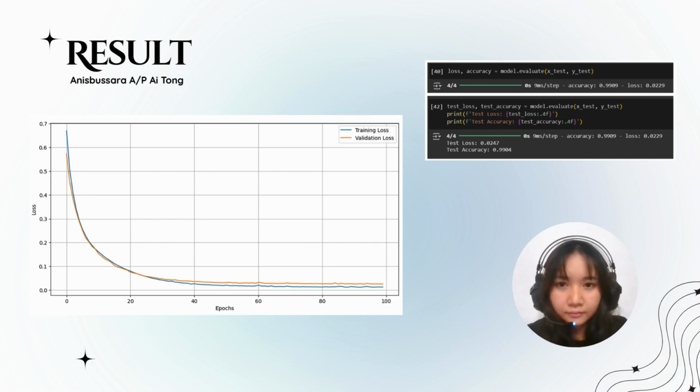0.9904. As shown in the graphs, you can see the training loss steadily decreases and the validation loss remains stable, indicating there's no overfitting and the model generalized well.